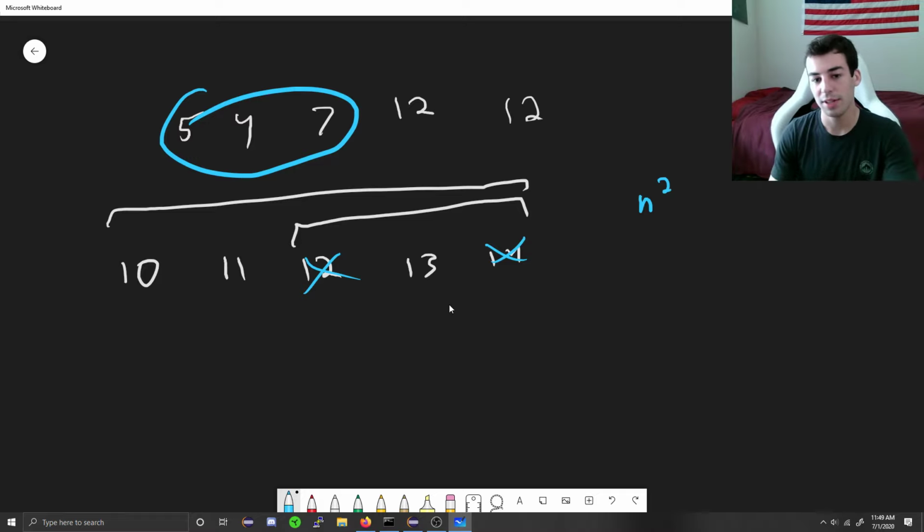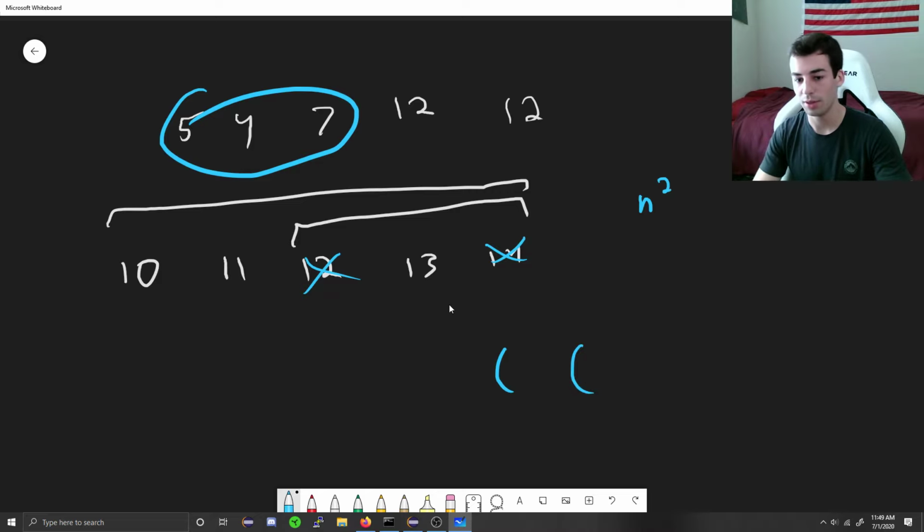So if you think of it as a bracket sequence, then every time you have a 12 here, we're going to go from beginning to front. So this 14 is like an open, 13 is also an open, and then this 12 is kind of an open. But now we have these 2 12s, which correspond to 2 closing brackets. And when we do this, then what the counter will be is how many open brackets we have.